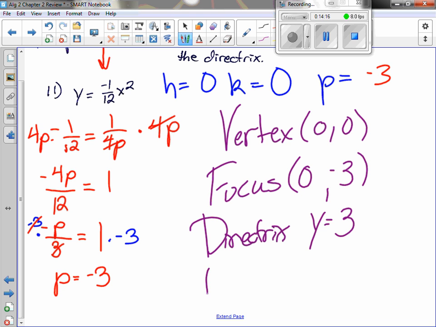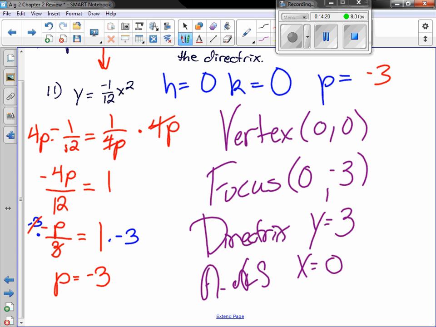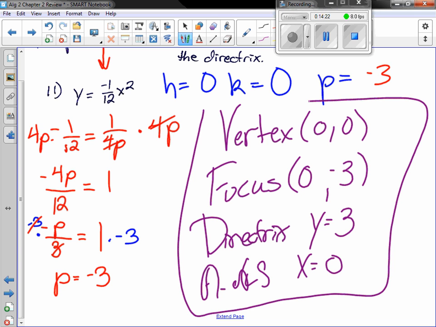And last but not least, the axis of symmetry. Most likely on the test, no matter which one it is, even if the vertex is 0, 0, the values of h and k are 0, 0, you still might be asked to find the vertex.